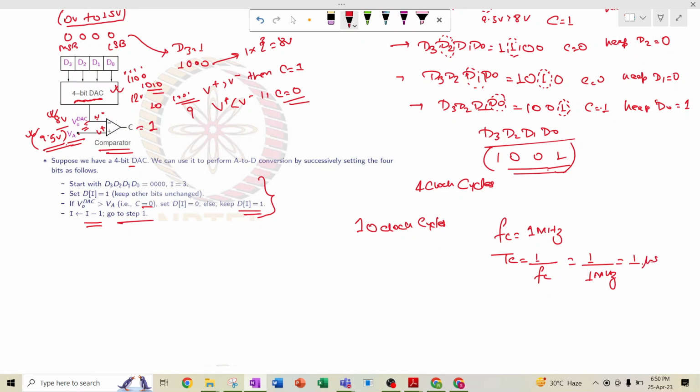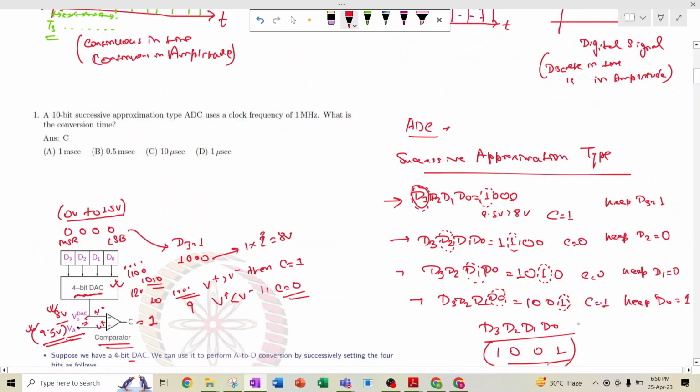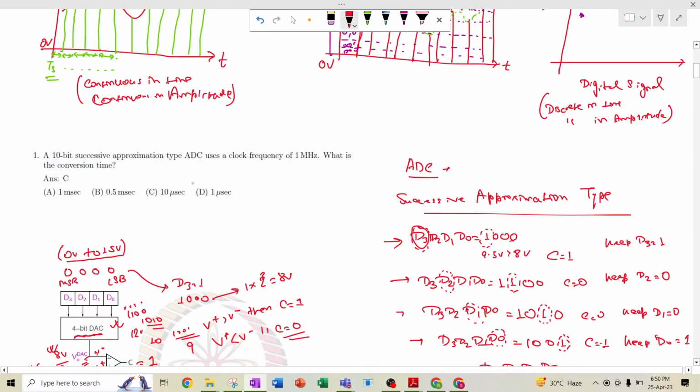And now the conversion time of the ADC, T conversion, is nothing but 10 times 1 clock cycle, that is 10 clock cycles. So it will be 10 microsecond. So the correct answer will be option C, 10 microsecond.